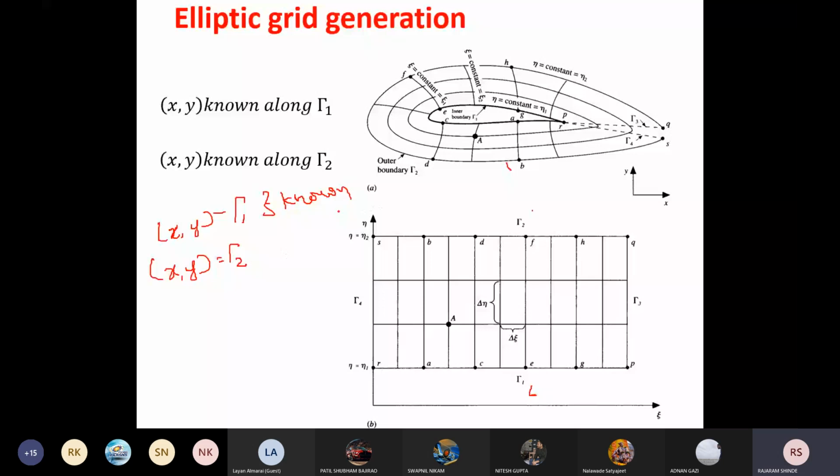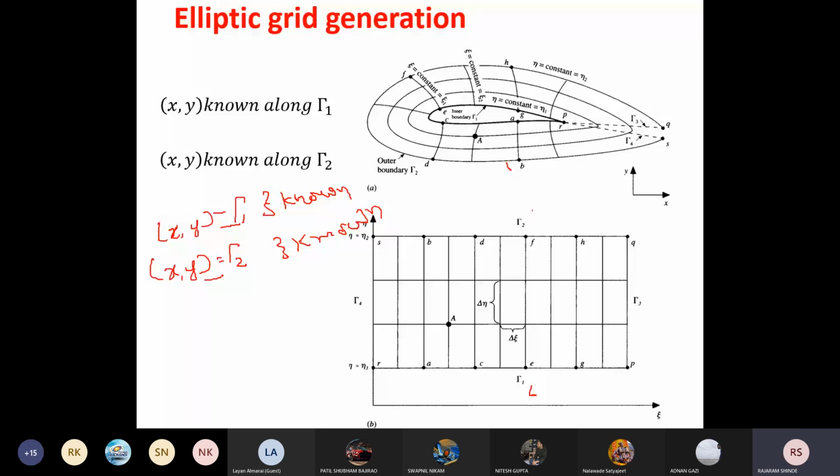If we go to the elliptic type partial differential equation, which I explained during the finite difference method, this type of domain was there, and here there was a temperature, and that temperature is known. Here you have a temperature, that temperature is known.